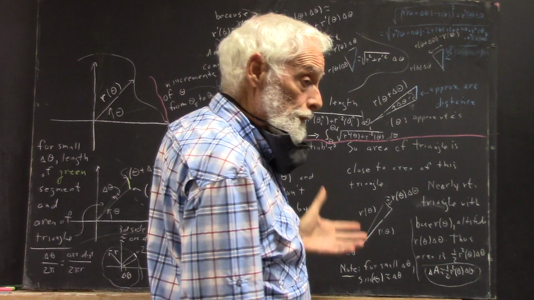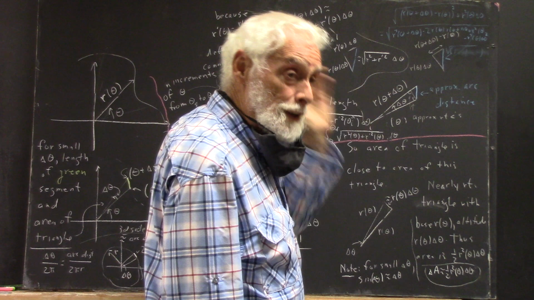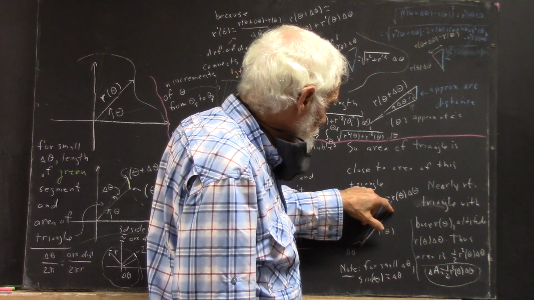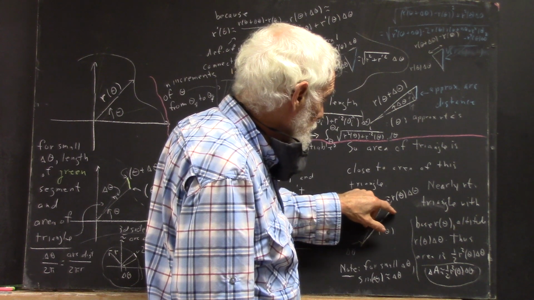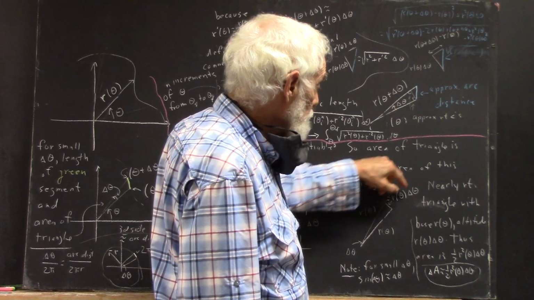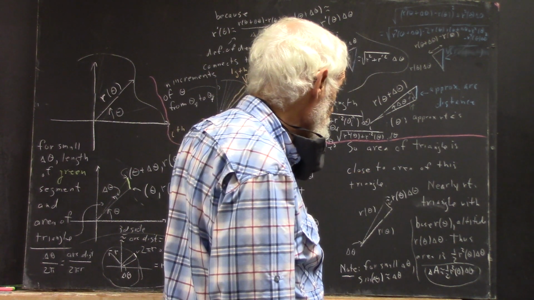Well, the area of a triangle is 1/2 the base times the altitude, and the altitude is perpendicular to the base. So if this is the base, this is almost a right angle, so this is almost perpendicular to the base. As delta theta approaches 0, this does approach perpendicular.